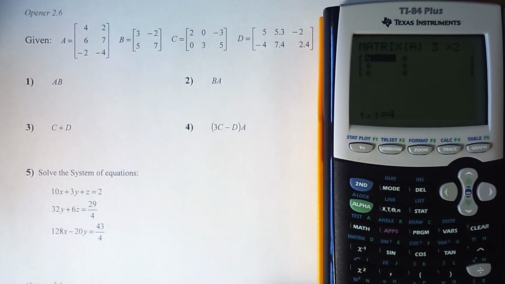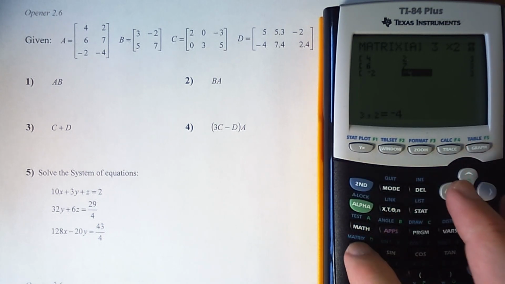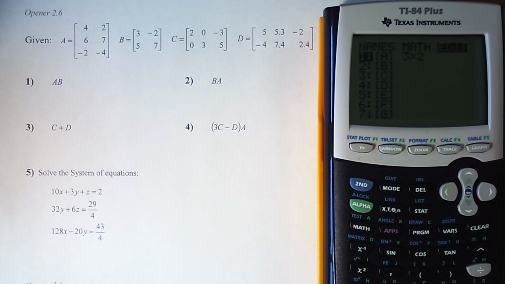And start entering my elements, 4, 2, 6, 7, negative 2, negative 4. Okay, and then I'll go back to matrix, second matrix, edit matrix 2, and I'll do this for all 4 matrices.